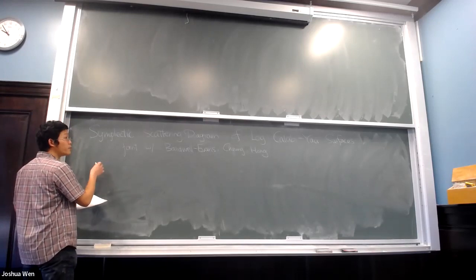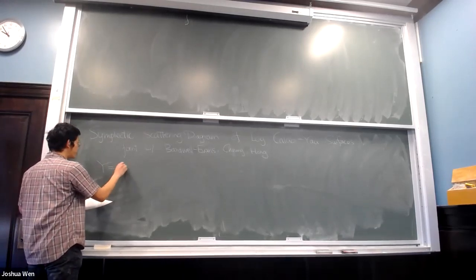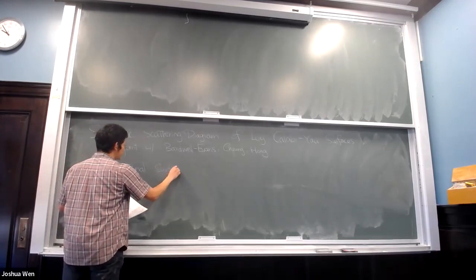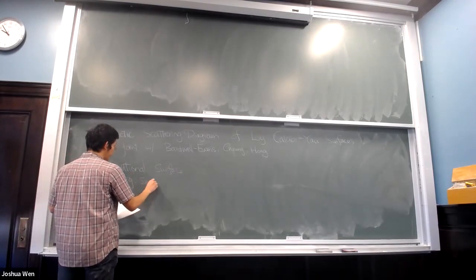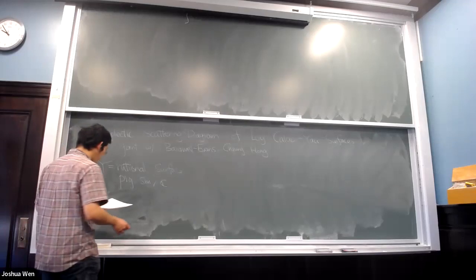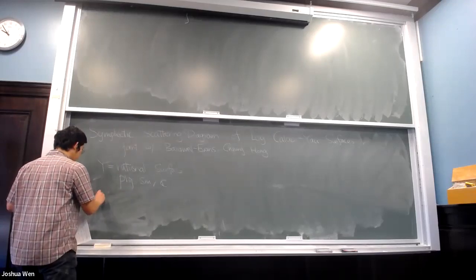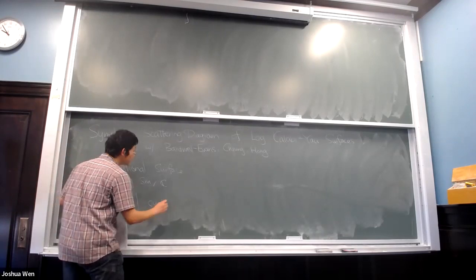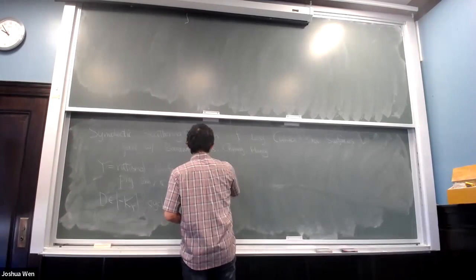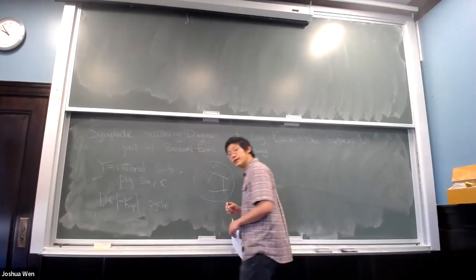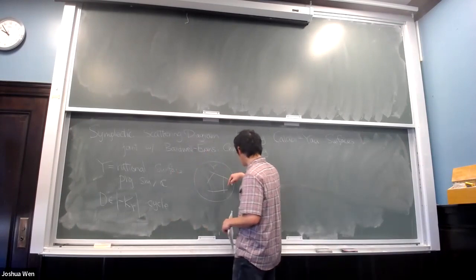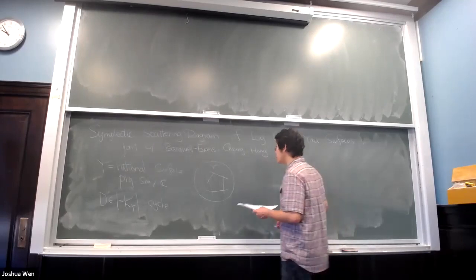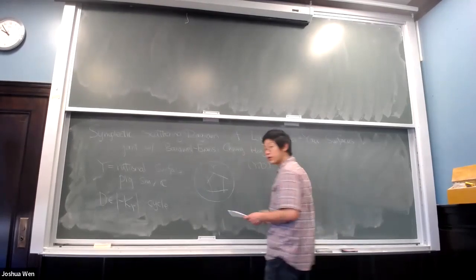By a log Calabi-Yau surface, I mean a rational surface Y, projective over C, together with D, an anti-canonical cycle. A cycle means D is a union of P1s that intersect transversally, like a wheel of P1s. The pair (Y, D) is what I call a log Calabi-Yau surface.